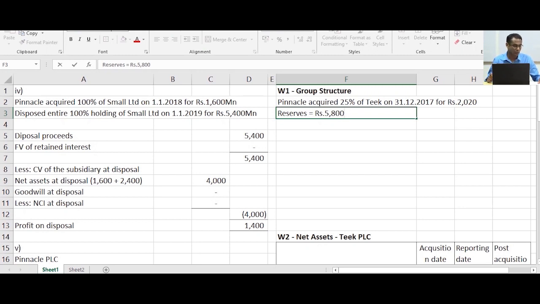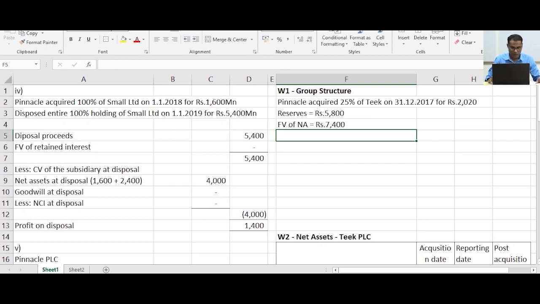It was mentioned as 7,200 in the question, so I told you all to correct that to 7,400 million. So the fair value of net assets at the date where Pinnacle acquired the 25% holding of Teak was rupees 7,400. That is about the initial acquisition of 25%.